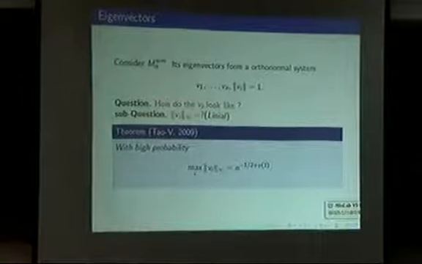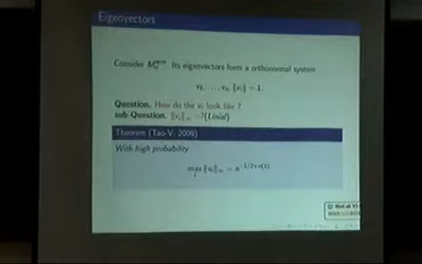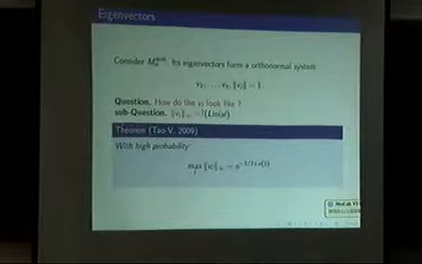But for symmetric it's very nice. They have exactly n eigenvectors and they form an orthonormal basis. So I normalize all of them and they will have length 1. The question here is how do these vectors look? The sub-question is what is the largest coordinate of an eigenvector?